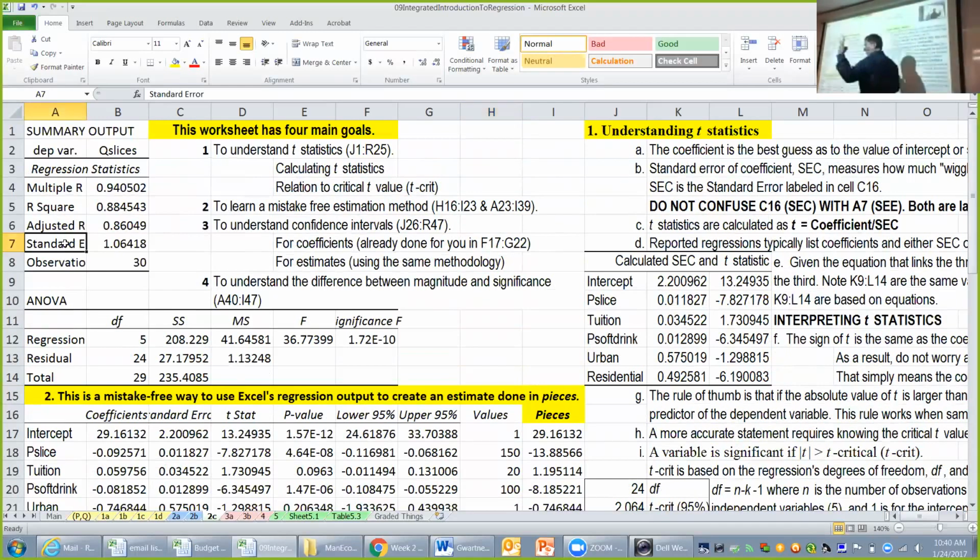So there are 2 standard errors. This is the standard error of the regression, kind of the whole result. It's important to keep that distinct from the standard error of the coefficient, which is this one. So we use a similar concept, and we can create confidence intervals on that estimate.